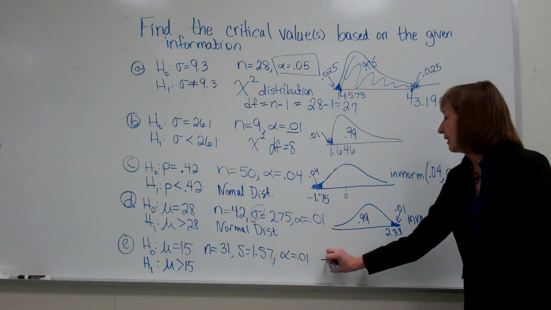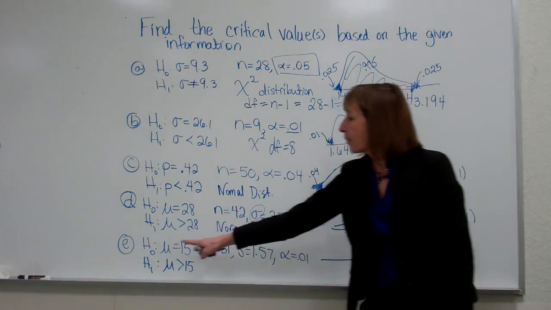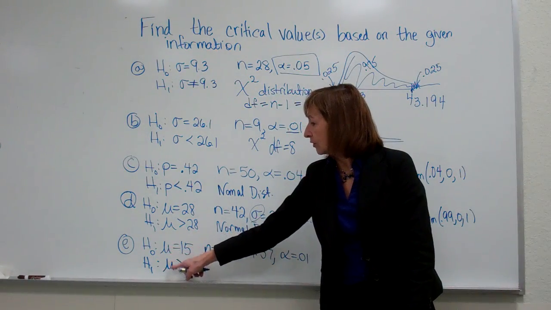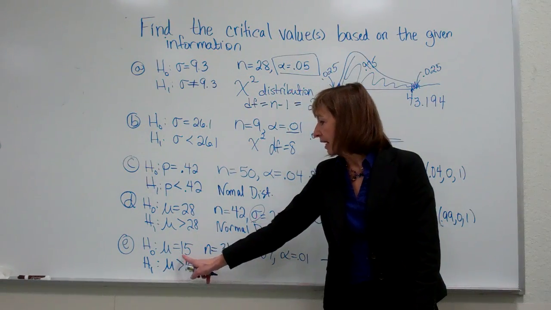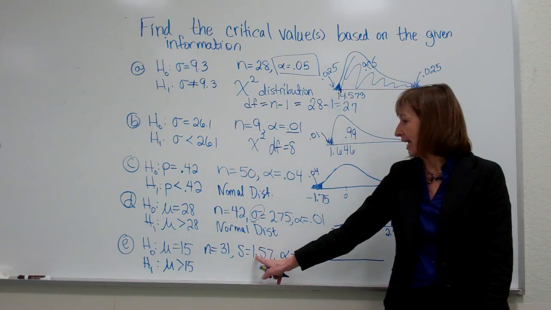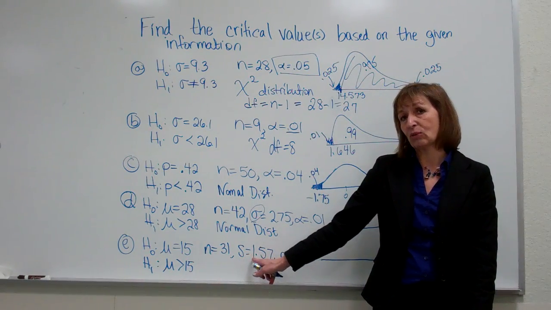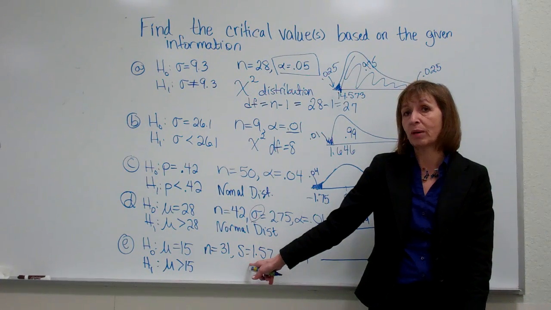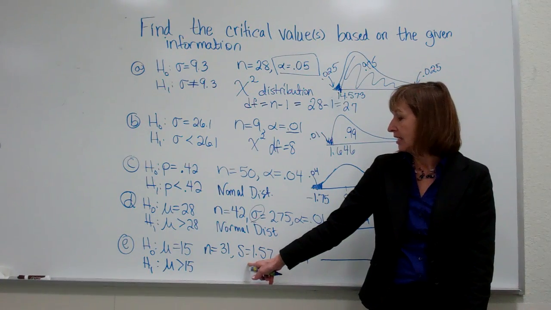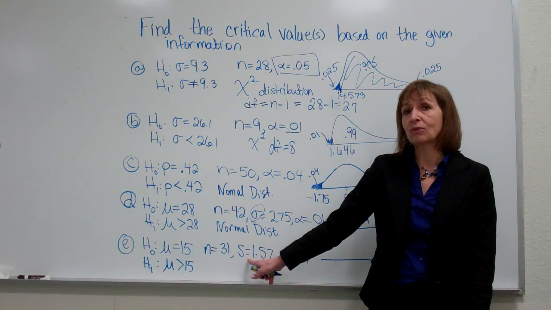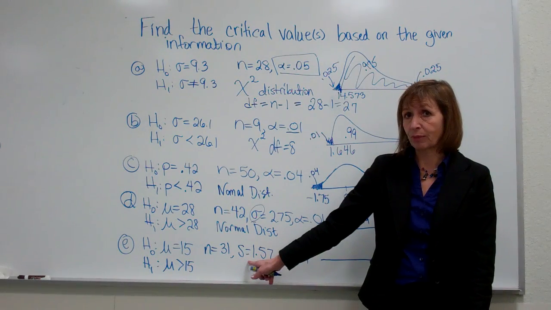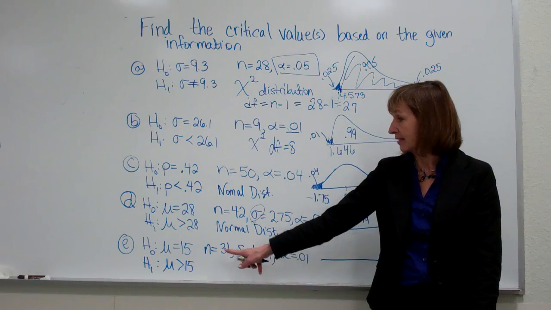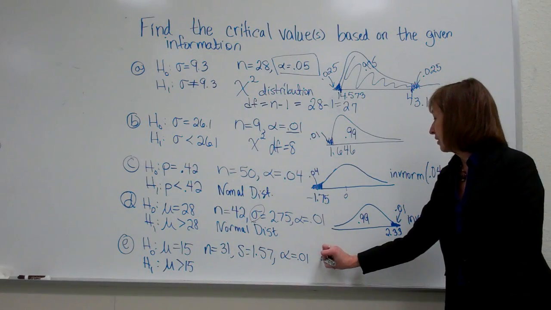Now lastly, I have a hypothesis test concerning the mean. So then I look at the rest of the information and notice I have s is equal to here. So I have to use the sample standard deviation because I don't know the population standard deviation. So that's where I need to use the student's t distribution for my critical values for the hypothesis test in this situation.